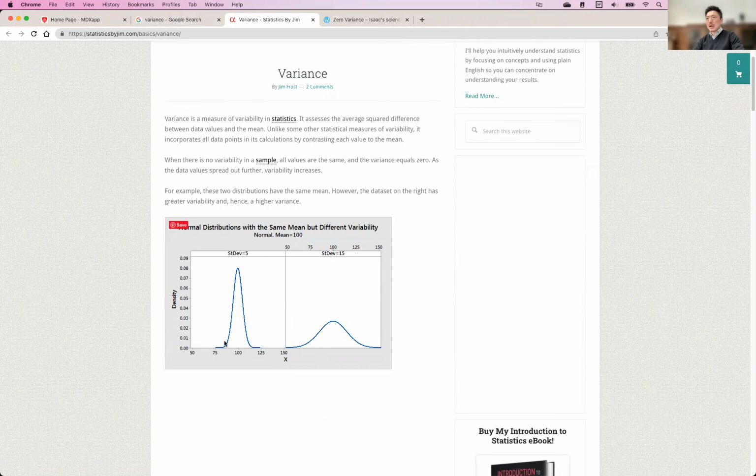That means there are more points in the middle for one, and fewer points in the middle for the other. Between these two, does the left one have higher variance or the right one? Can you type in the chat? If you think this one has higher variance, just type left. If you think this one has higher variance, just type right.